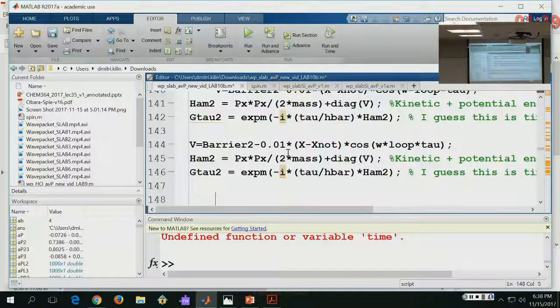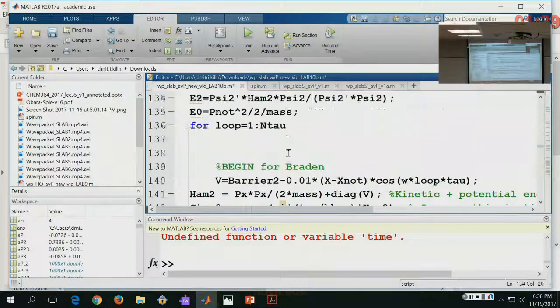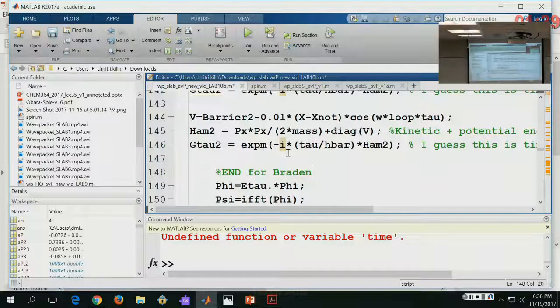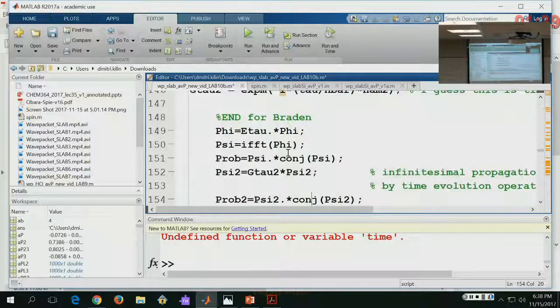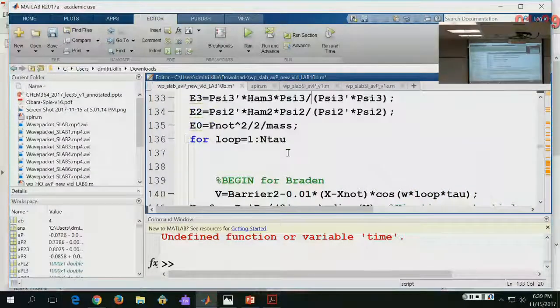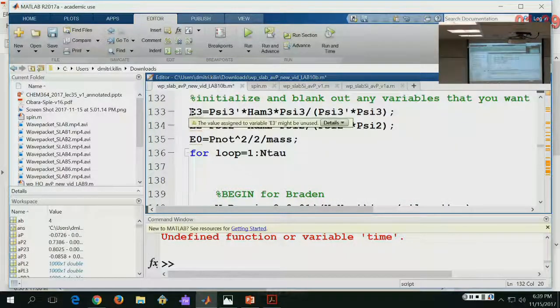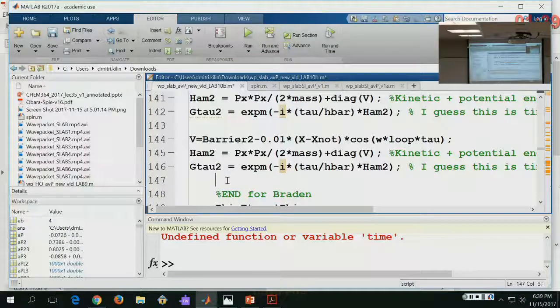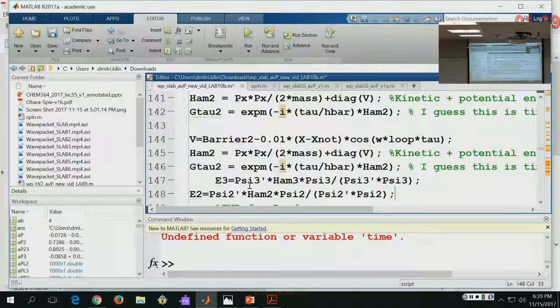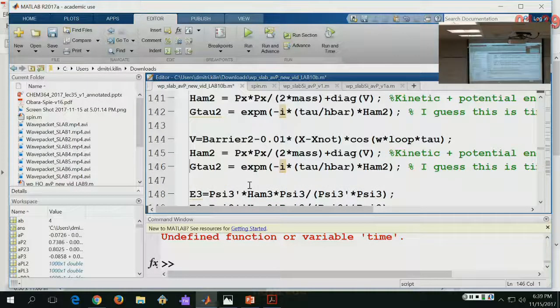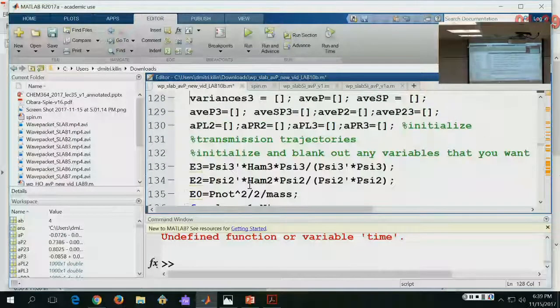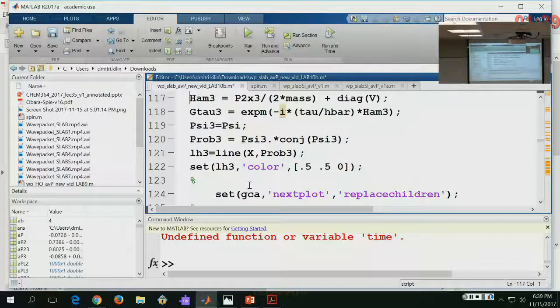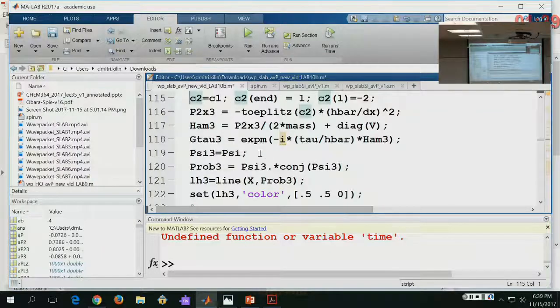I will share the code. You do not need to, well, if you're interested, please follow. So the energy will also change, the expectation value of energy will change at each time step. What else? And we also need this for the third method.